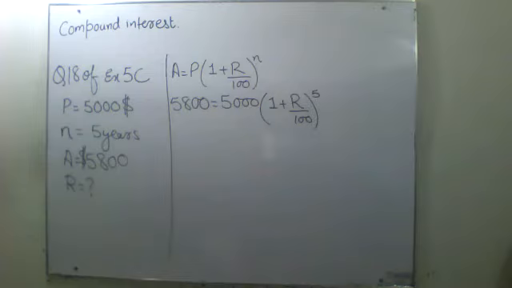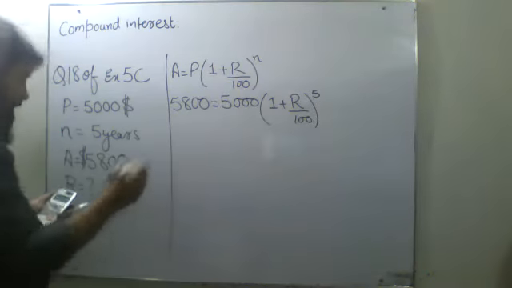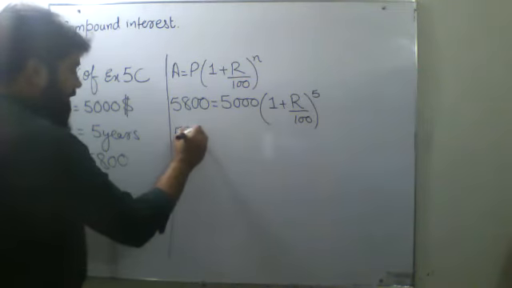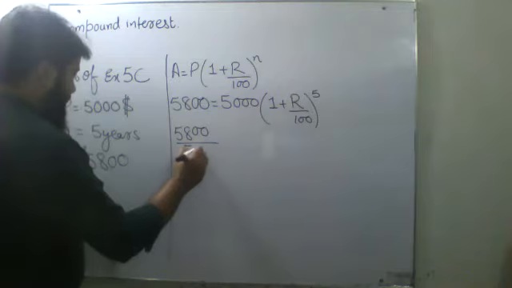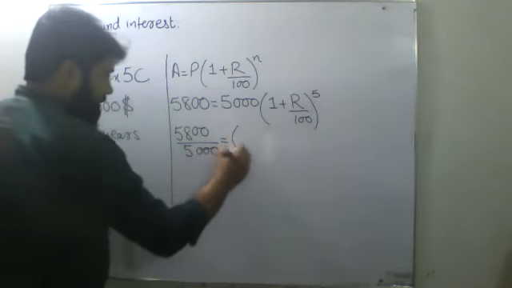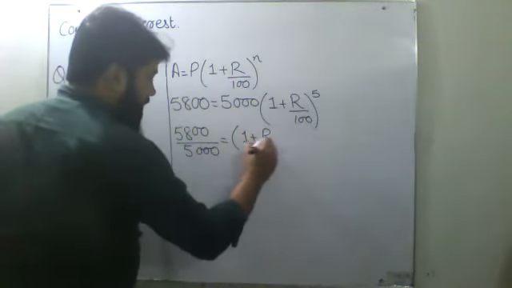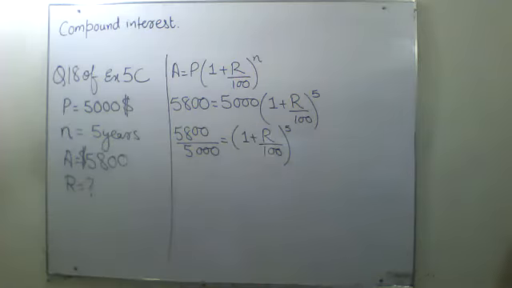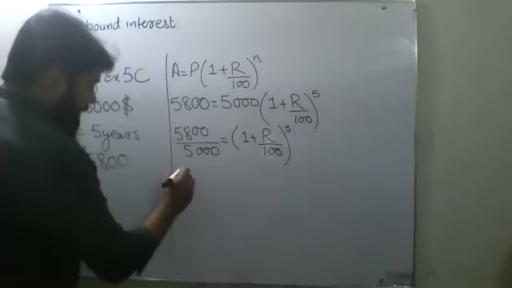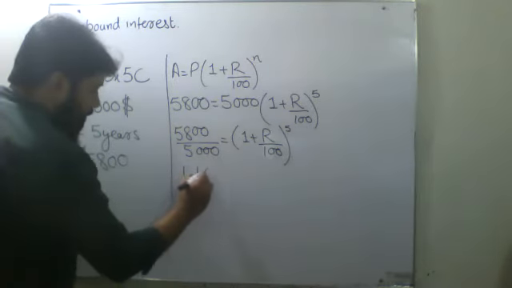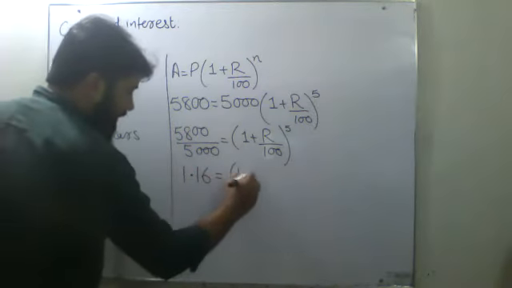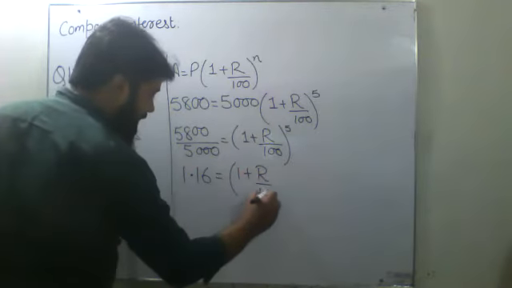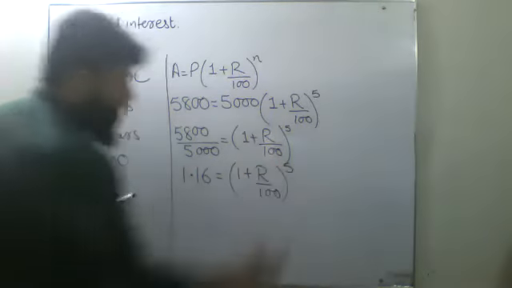This is the first thing I have done. Now, first I'm shifting this to this side. So 5800 divided by 5000 equals (1 plus R over 100) power 5. So when I divide it, this will become 1.16 equals (1 plus R over 100) whole power 5.